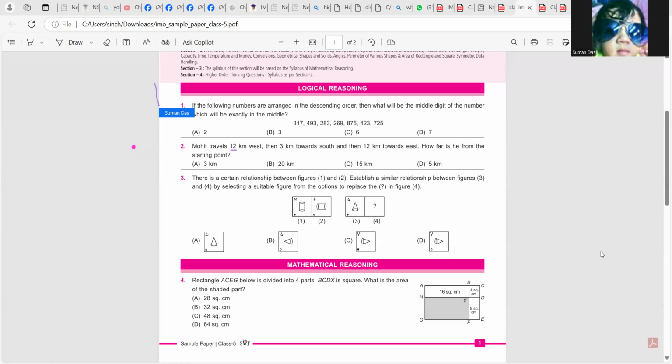So if we draw the diagram of north, south, west, east. Okay. Mohit travels 12 kilometers west. So west is in the left hand side direction. So he travels here.